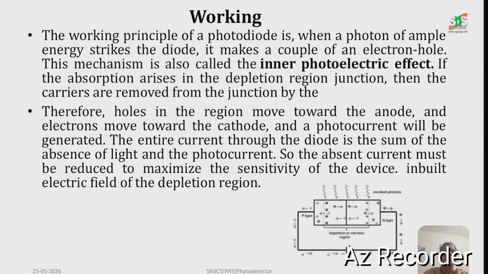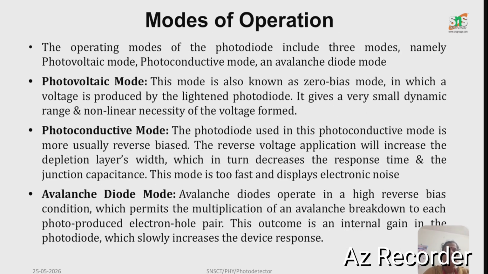Therefore, holes move towards the anode and electrons move towards the cathode, and photocurrent is generated. The entire current through the diode is the sum of the current in the absence of light and the photocurrent. So the dark current must be reduced to maximize the sensitivity of the device, given the inbuilt electric field of the depletion region.